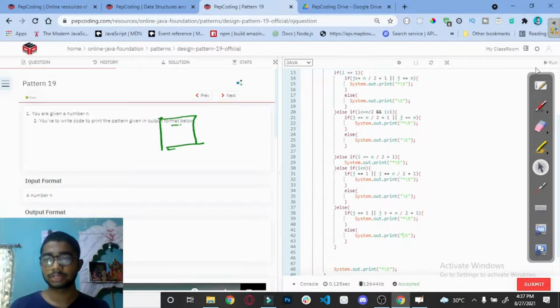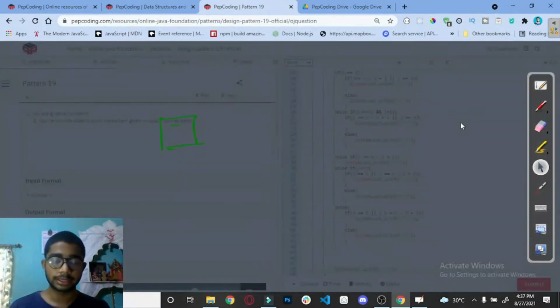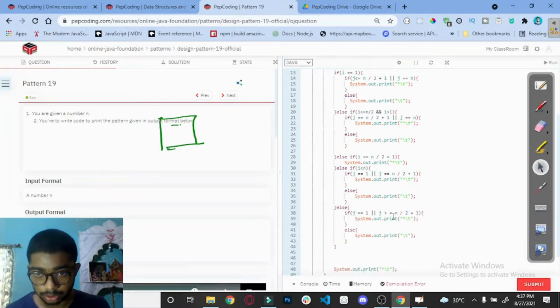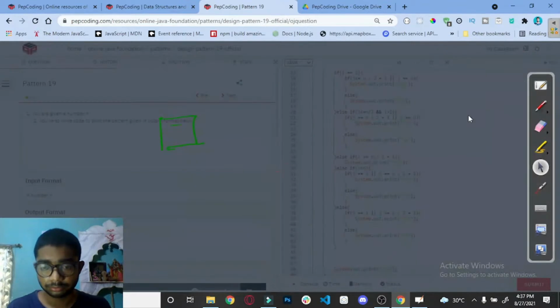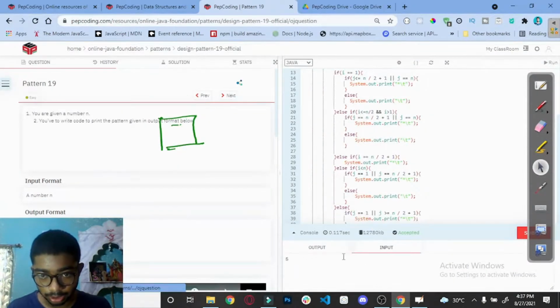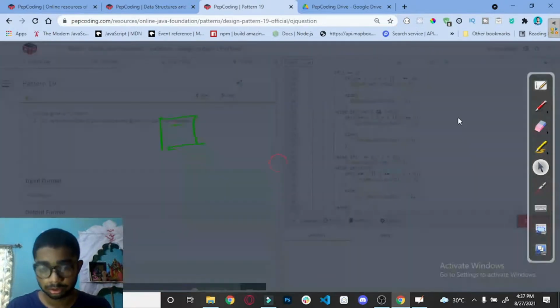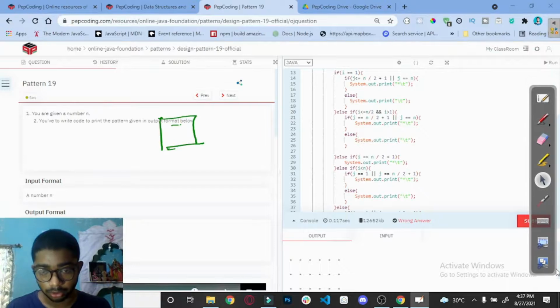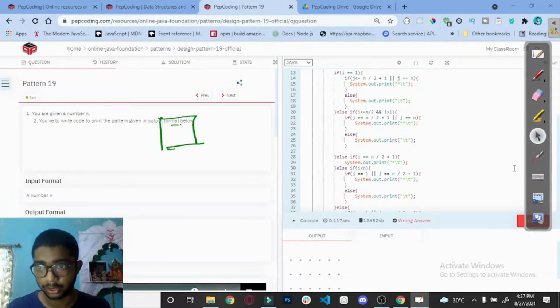Okay. Now see what we are getting in the output, what type of errors. Illegal start of expression. It's giving me the wrong answer, but I don't know why.